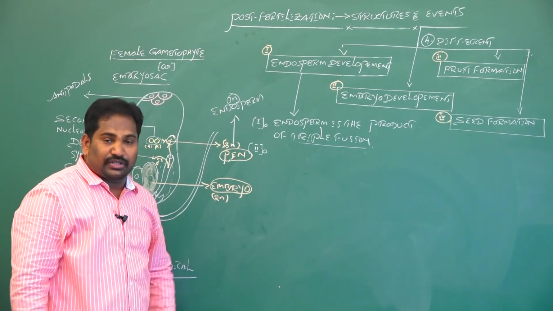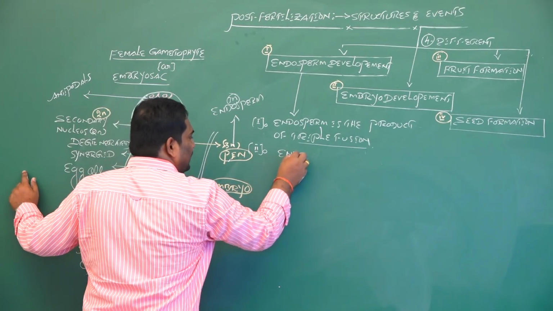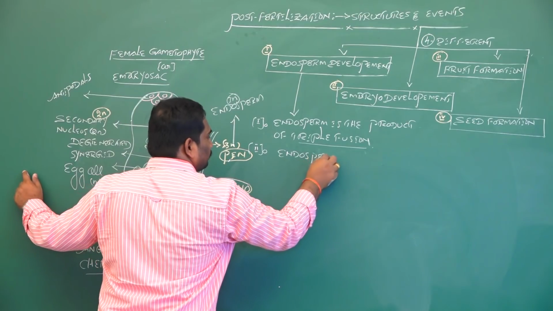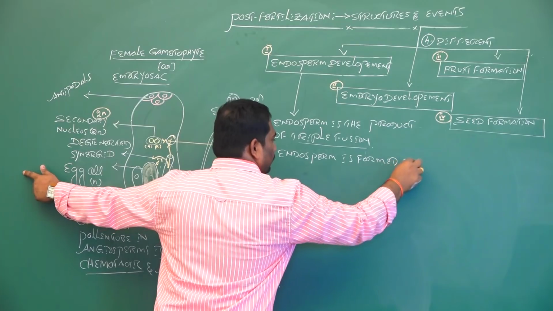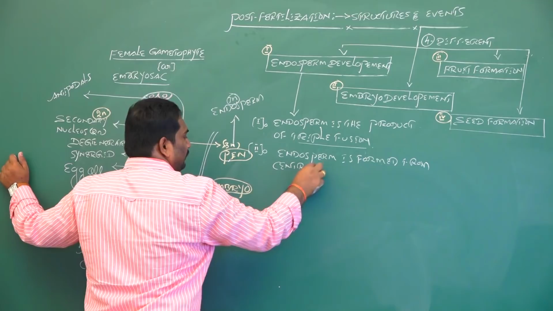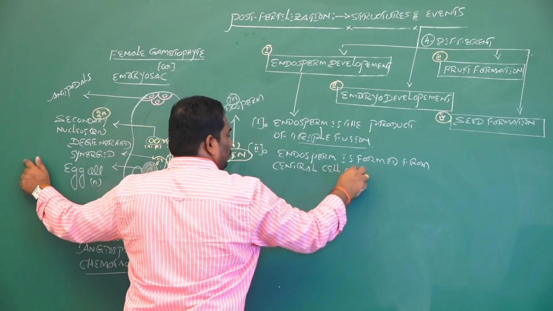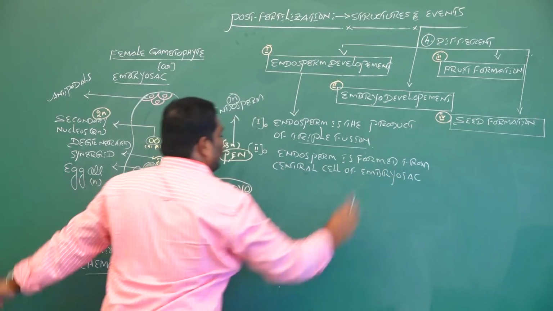The second characteristic feature of endosperm is that endosperm is formed from the central cell of the embryo sac.